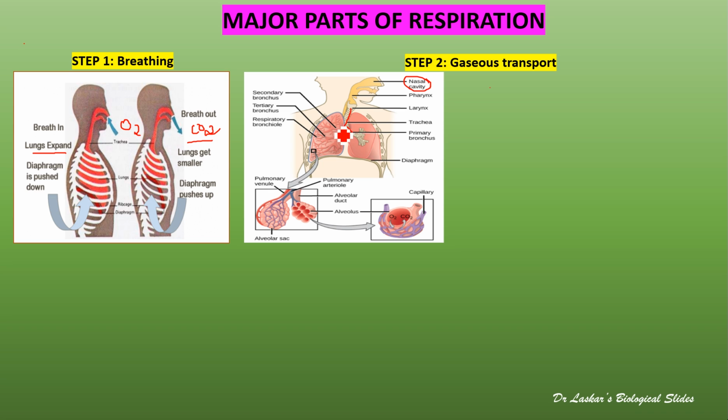From the primary bronchus, it moves to the secondary bronchi, then to the tertiary bronchi, and finally to the air sacs, which are also called alveolar sacs.